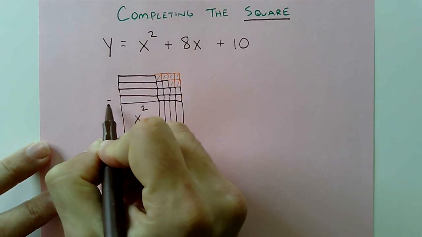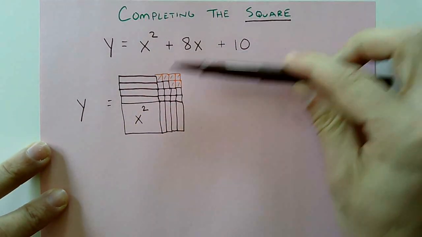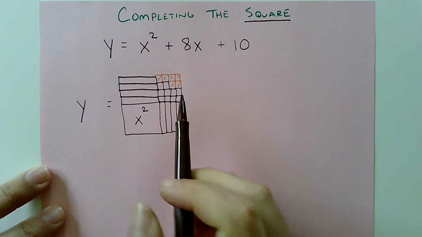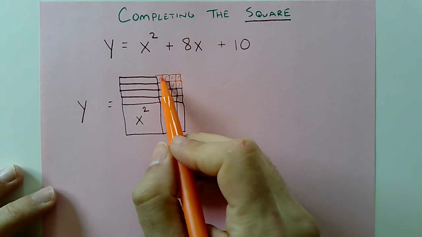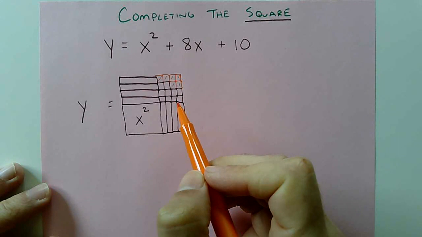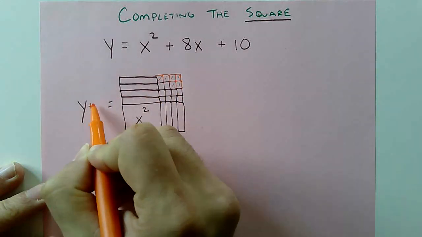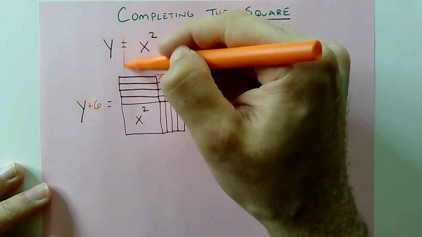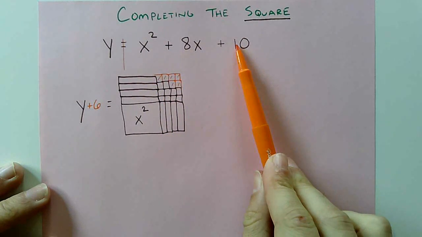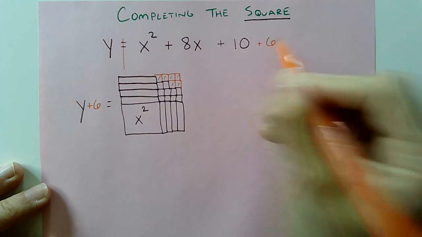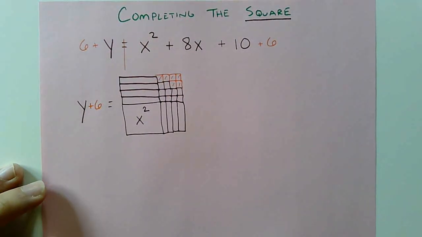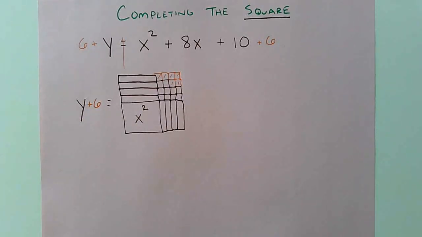Now, remember that this is equal to y. So this is our visual of the equation at the top. So y equals all of this. If I added 6 tiles to complete the square, I have to add 6 tiles to the other side of the equal sign. Remember, with an equation, we want to keep things balanced. If I added 6 one tiles on the right side, I have to add 6 one tiles there, which leaves me with y plus 6 equals my square.